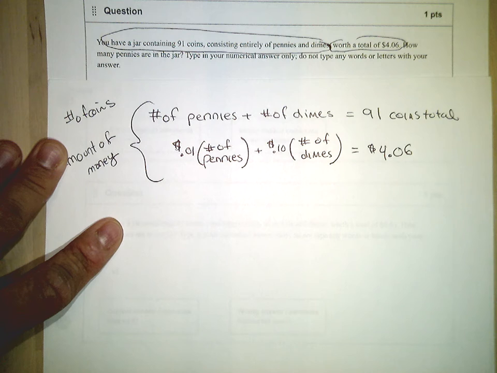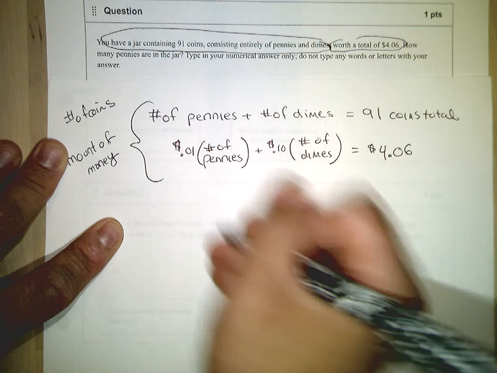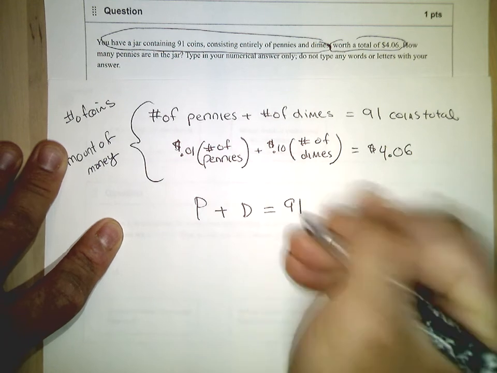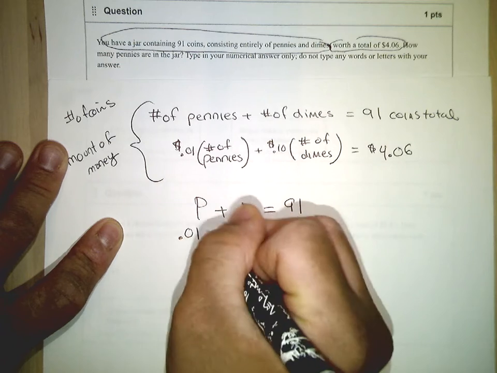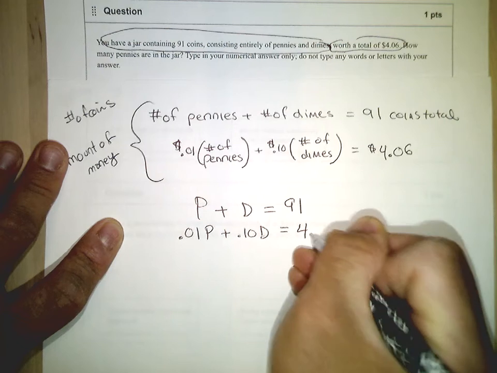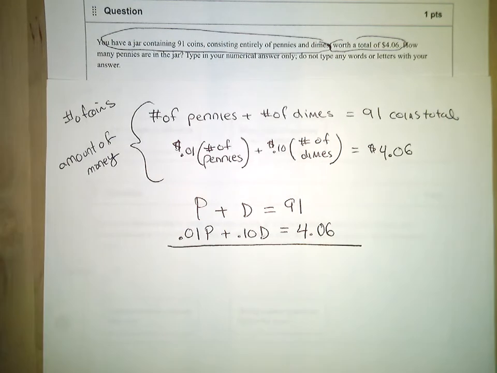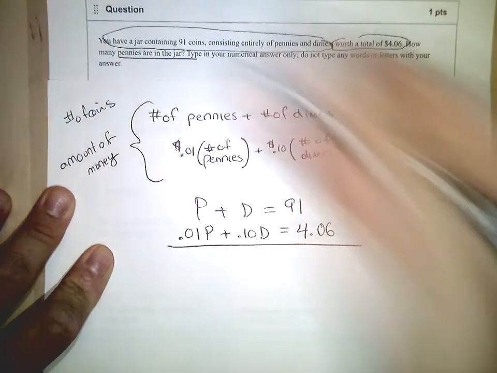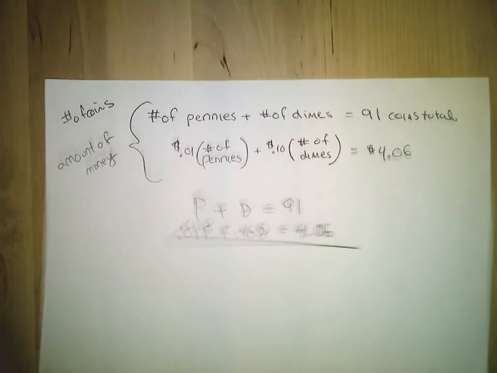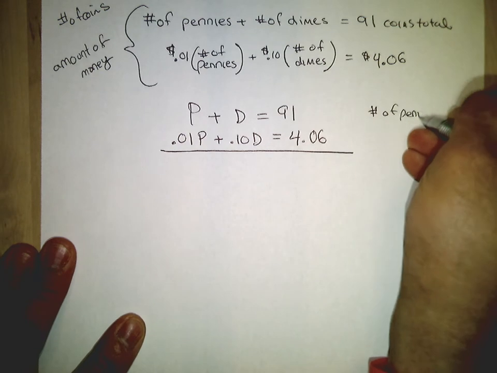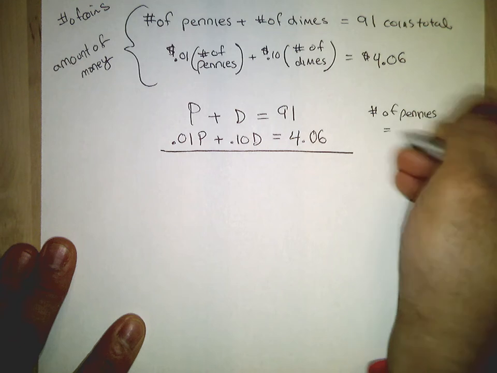So if I let P be the number of pennies and D be the number of dimes, I could write the system of P plus D is 91, and 0.01P plus 0.10D is 4.06. And I want to know the number of pennies in the jar.